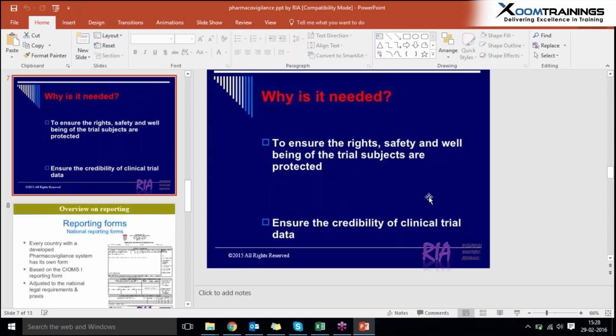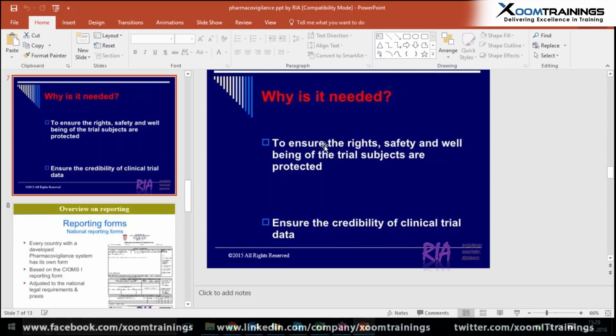So to provide these rights, safety and well-being to the person participating in a clinical trial, someone has to take care of that. That part is taken care of by the ICH, the International Conference on Harmonization. What they are doing is bringing the US, Europe and Japan together, and they are making something.